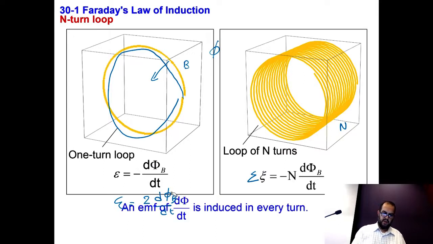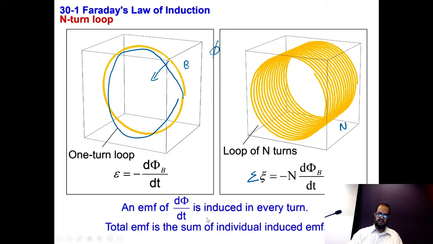The EMF for a single loop is minus d phi dt, but if you have n loops, the total EMF is the sum of the individual induced EMFs.